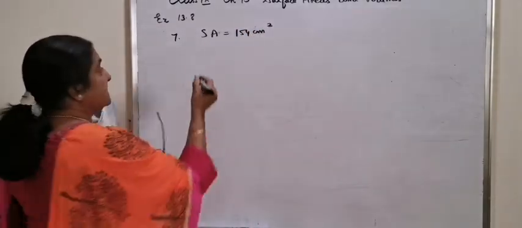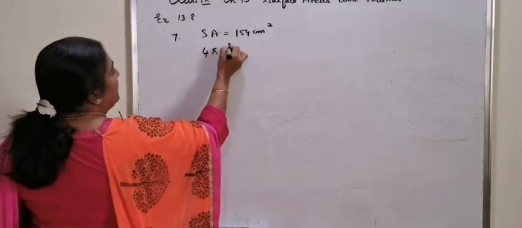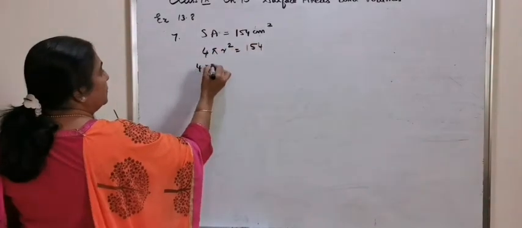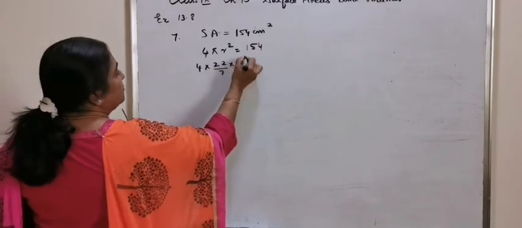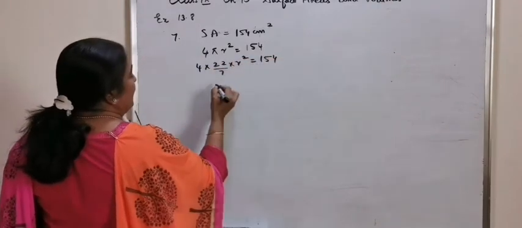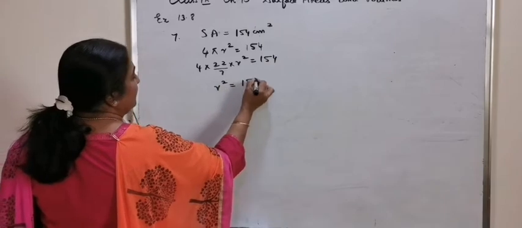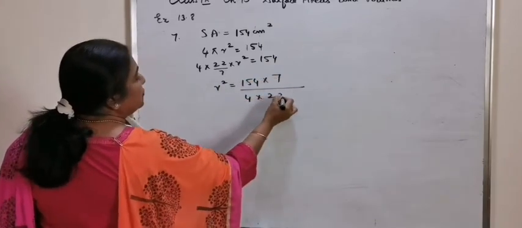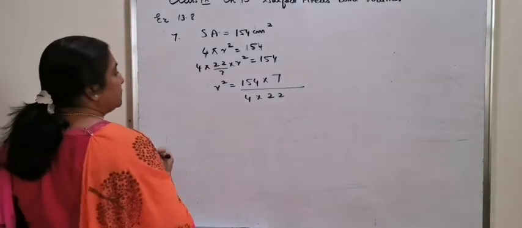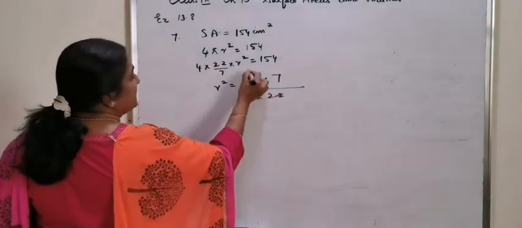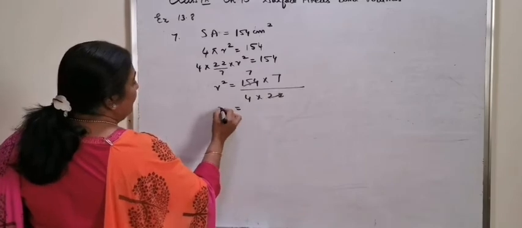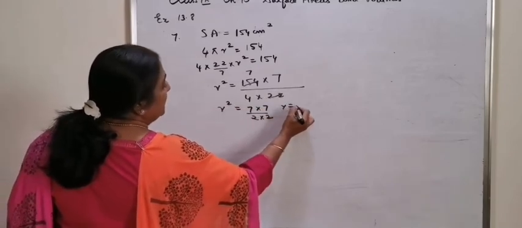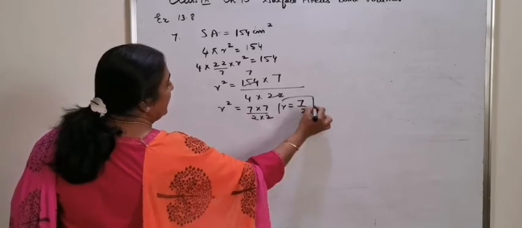Apply the formula of surface area. 4 pi r square is equal to 154. 4 into 22 by 7 into r square is equal to 154. R square is equal to 154 into 7 by 4 into 22. 22 is divisible into 154, it is 7 times, so r square is equal to 7 into 7 by 2 into 2. Radius is 7 by 2.